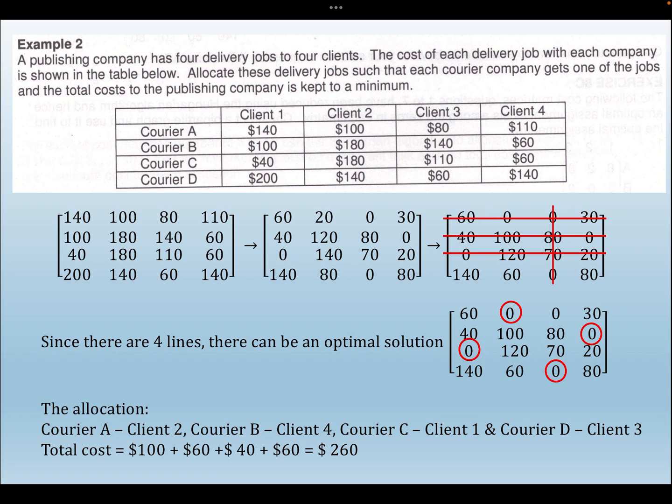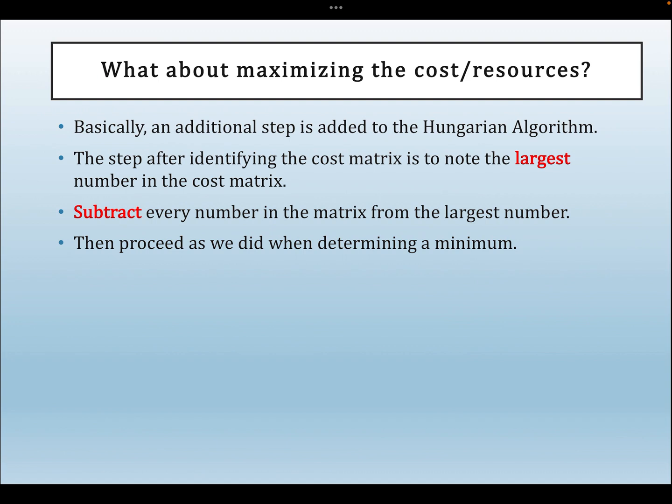Now, all the examples I showed you yesterday were on minimization. We are going to look at maximizing now. Practically every single step is the same except for one additional step. What you need to do after identifying the cost matrix is to note the largest number in the cost matrix and then subtract every number in the matrix from the largest number.